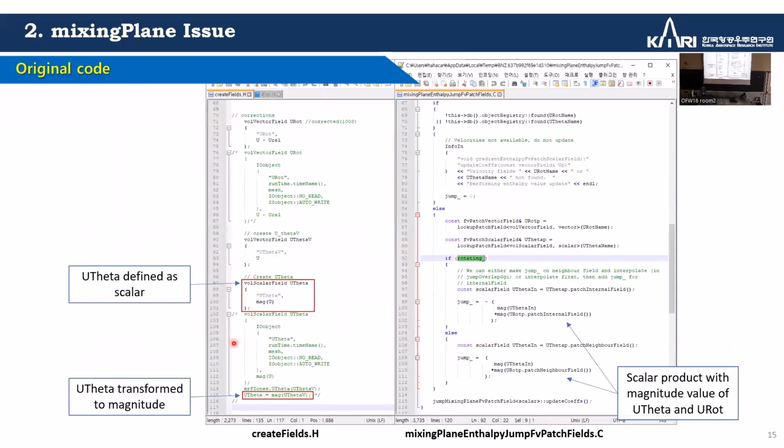But the problem is that if you see the original code, the U theta is defined as a scalar, and if you see the library mixing plane enthalpy jump, which calculates the rothalpy, here they made the equation using the scalar product with the magnitude value, which means they cannot calculate the negative value. So that was the problem.